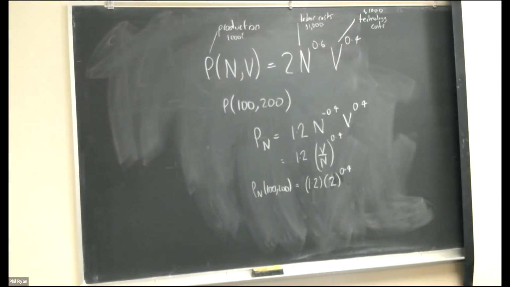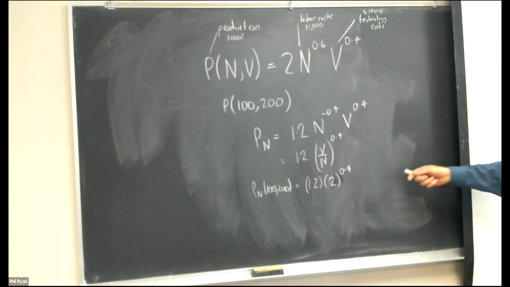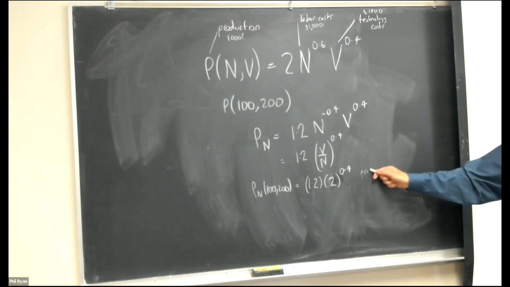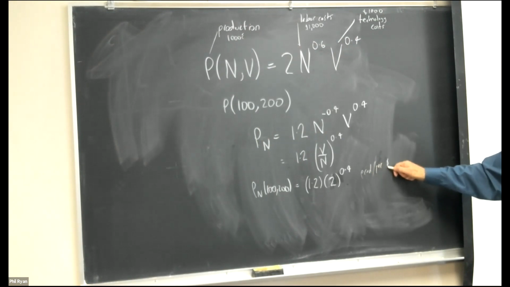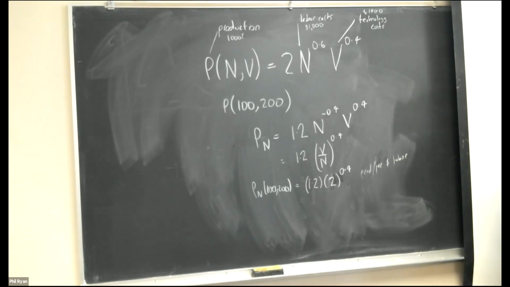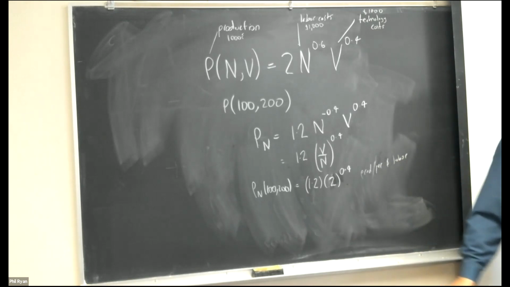This number tells us how much more production we can get for every extra dollar that we spend hiring new workers, for example. It's a useful number, okay, but it is like production per dollar on labor. For every extra dollar we spend on labor, this is how much more we get.